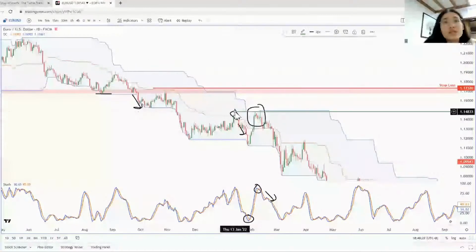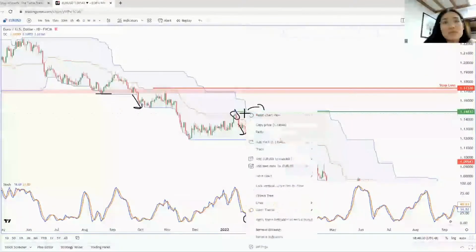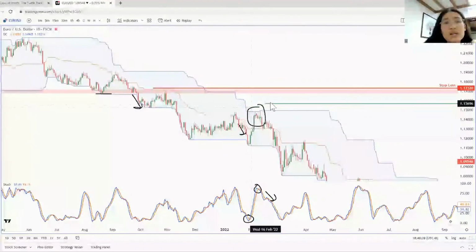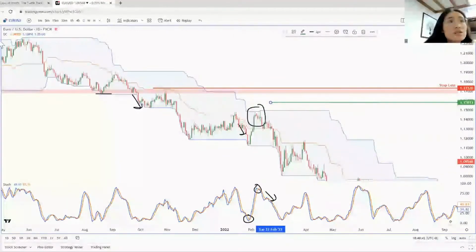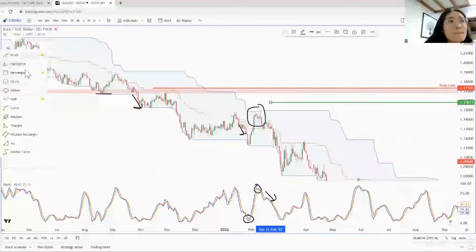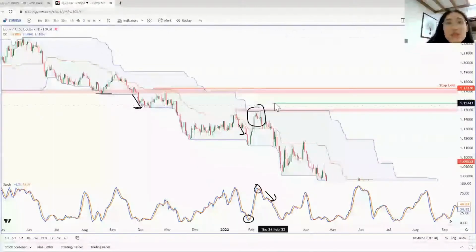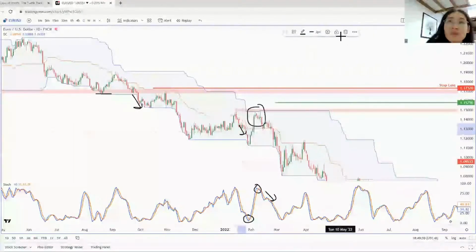Okay, so for example, over here, okay, if I had placed my, okay, let's say, here, okay, this is my area of confluence, and I'm expecting price to go back up here, right?